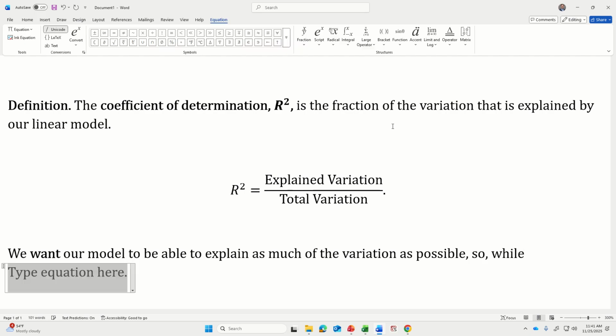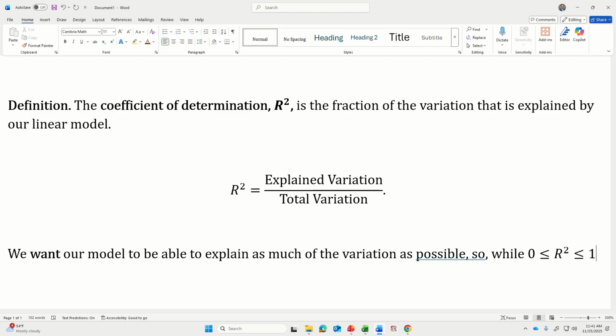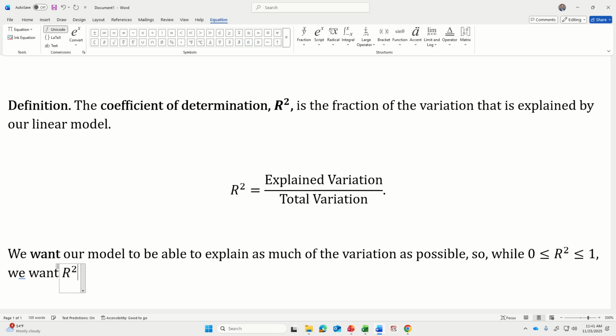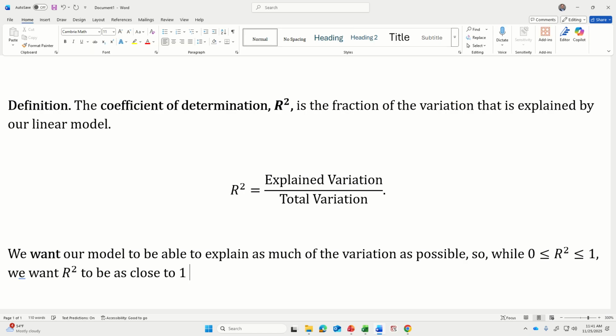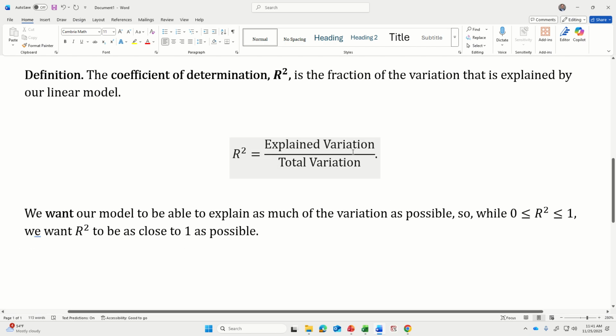So while my r squared value has to be between 0 and 1, we want r squared to be as close to 1 as possible. If r squared is equal to 1, that means my linear model explained all of the variation. And if my r squared is 0, that means my linear model explained nothing.